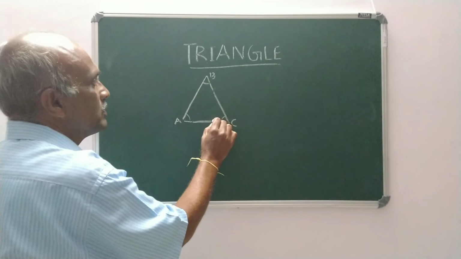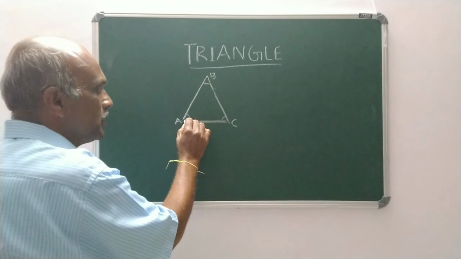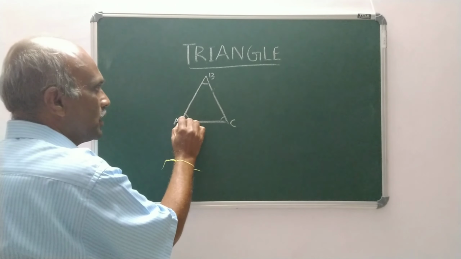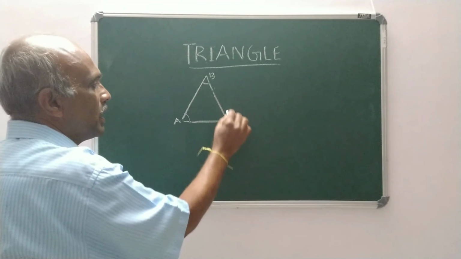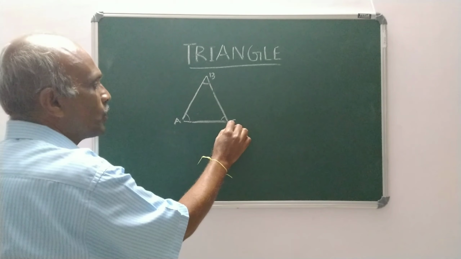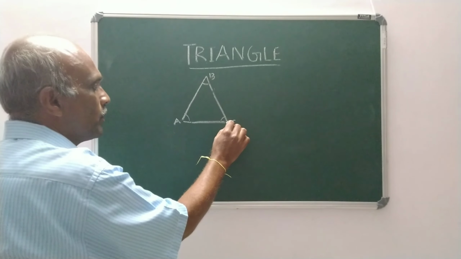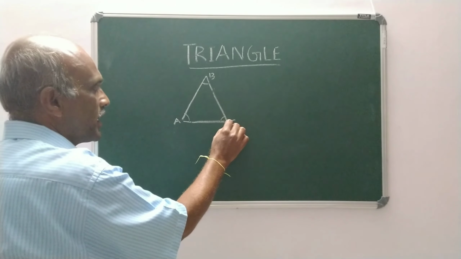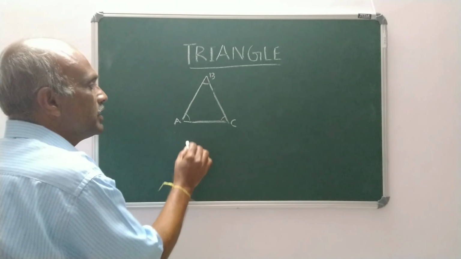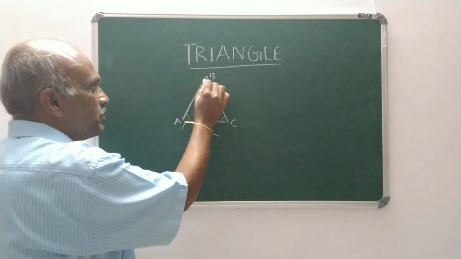At the same time, there are going to be three vertices. A, B and C are called vertices. Vertices are the points on the triangle where exactly two sides meet.